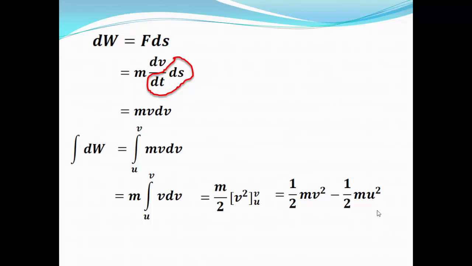So, it is clear that the work done is the change in kinetic energy, final minus initial. We can say that work done by all the forces equals the change in kinetic energy.